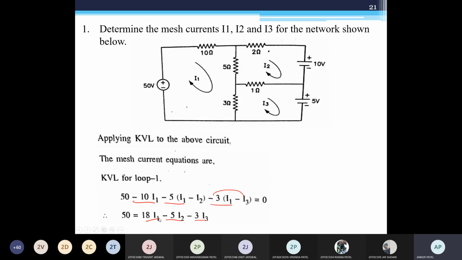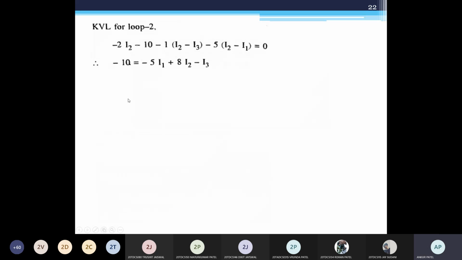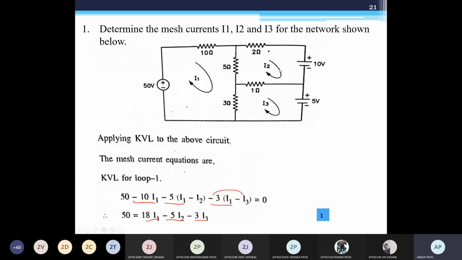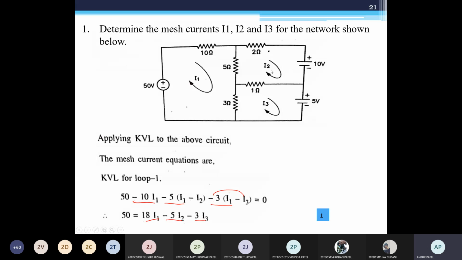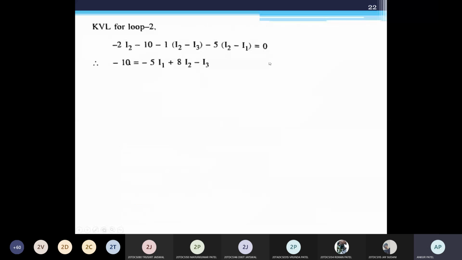50 equal to 18 I1 minus 5 I2 minus 3 I3. This is equation 1. This is equation 2: minus 2 I2, minus 10, minus 1 (I2 minus I3), minus 5 (I2 minus I1) equal to 0.